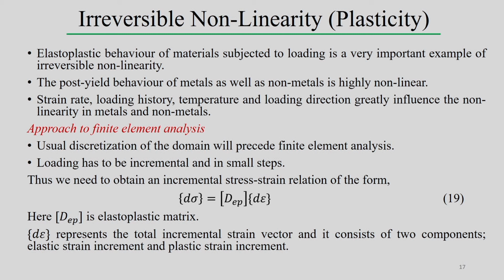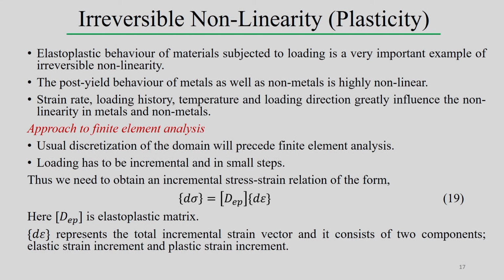If you look into the uniaxial tensile testing diagram, you observe that up to the yield point, for common engineering materials, for example stainless steel or any other, the relation between stress and strain is linear. But once we cross the yield point, there is a curvature, that means it becomes a non-linear relation.